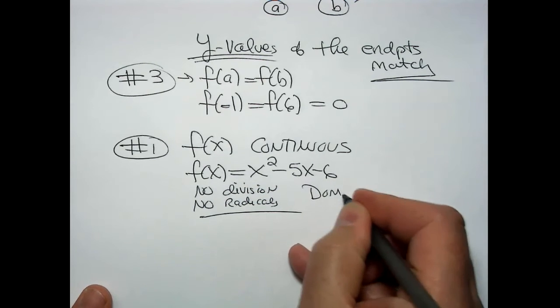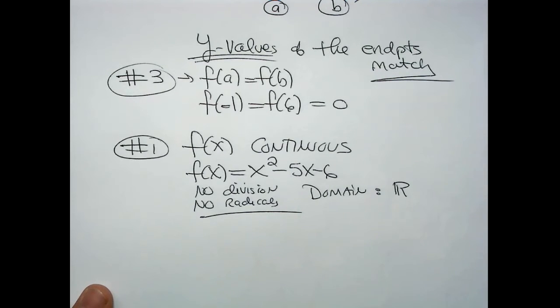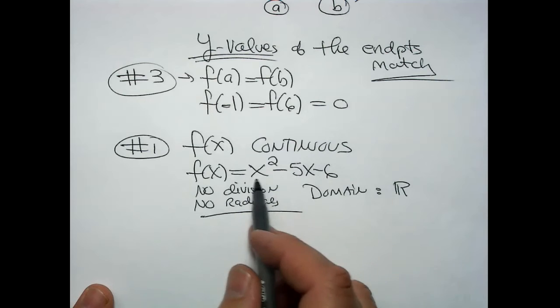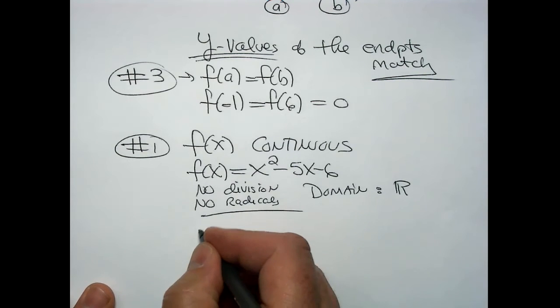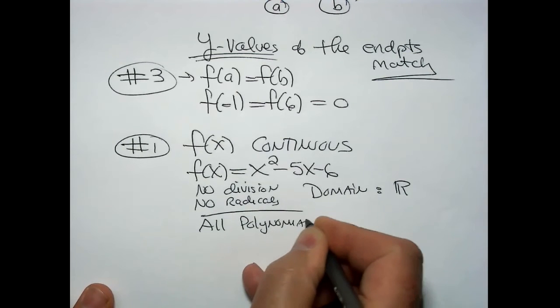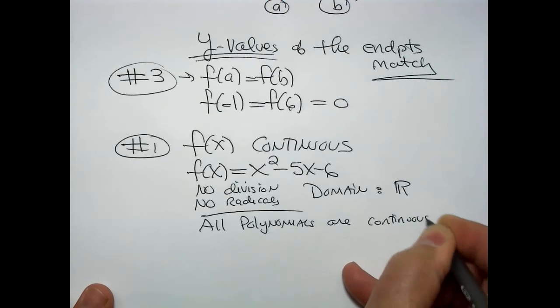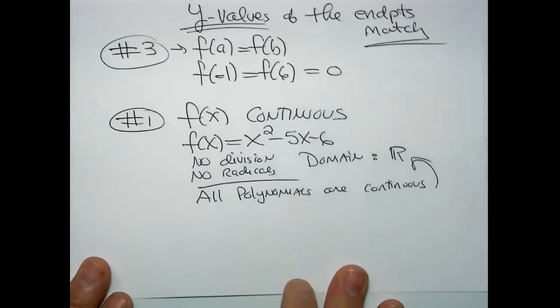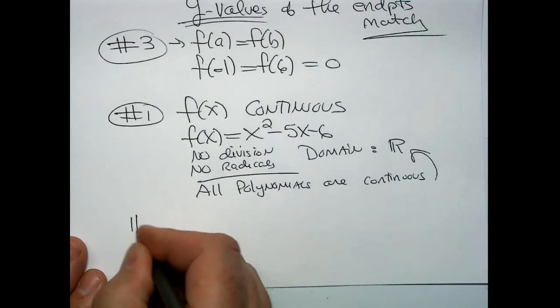If the domain is all real numbers like it is for this one, then certainly it's continuous. There are no x's that will ever cause this to be undefined. In fact, I will say this, all polynomials are continuous for the entire domain. So it's a polynomial. No division, no radicals. Definitely continuous.